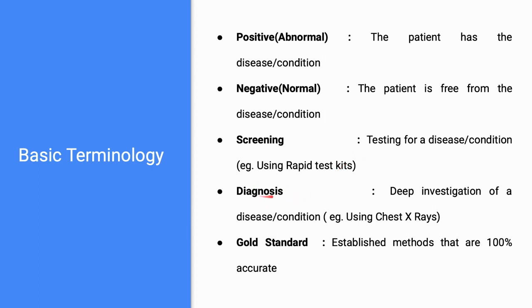Diagnosis is more of a serious study where people tend to take chest x-rays, and the doctor does a deeper investigation of a patient and determines whether this person is suffering from that particular disease, in our case COVID-19, and then further proceeds to treatment. Now, in medical terms, you can usually hear the term gold standard. What gold standard means is the method that has been established which is 100% accurate. We'll come back to this shortly.